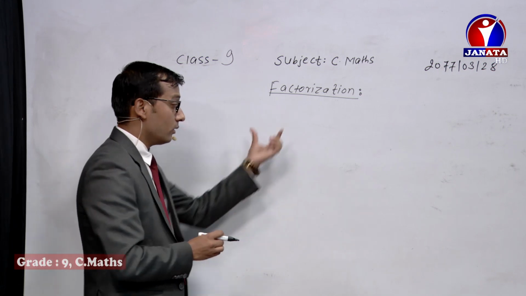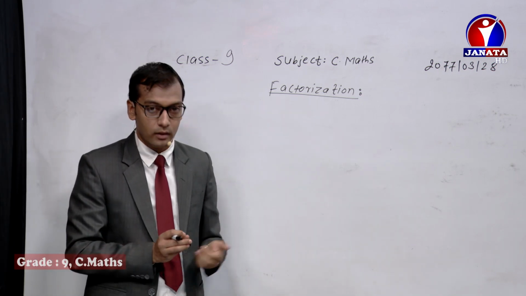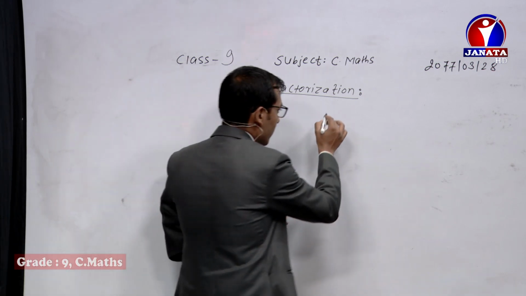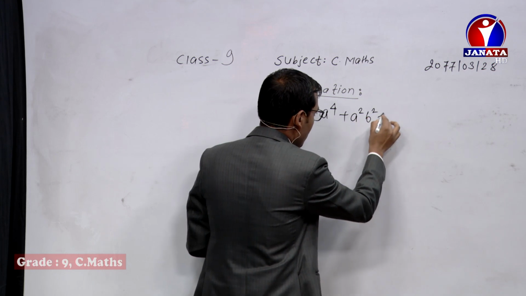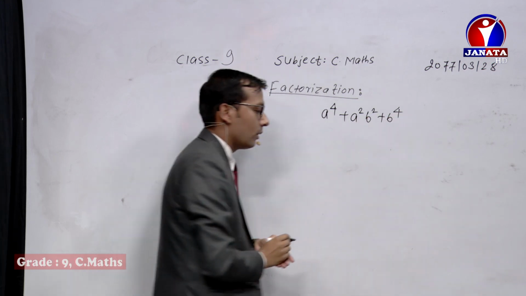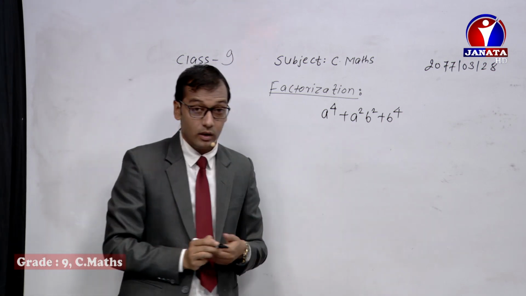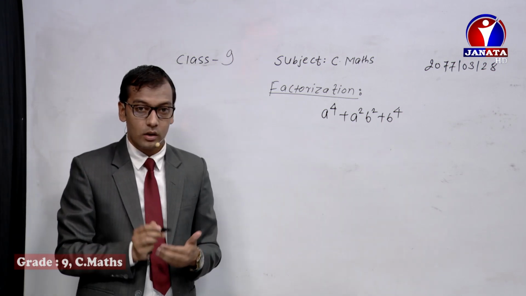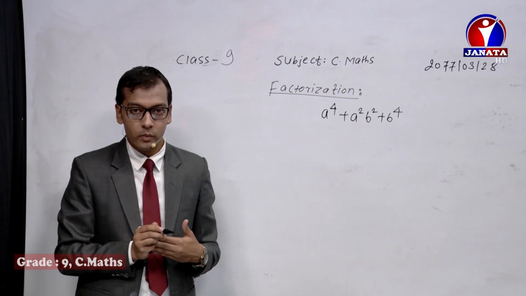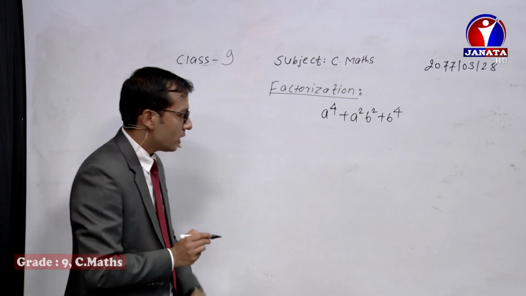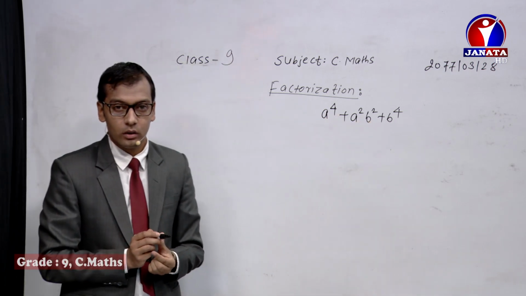It's factorization, and we are going to learn some of the factorization based on a to the power 4 plus a square b square plus b to the power 4. And if I get enough time, I will discuss some other factorization again based on a square minus b square form.